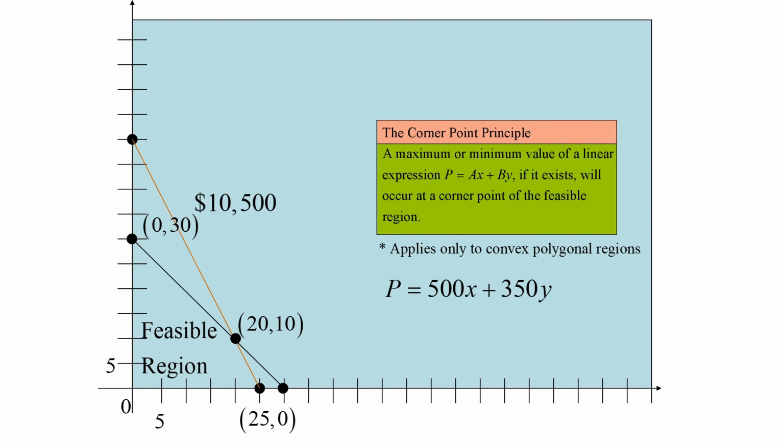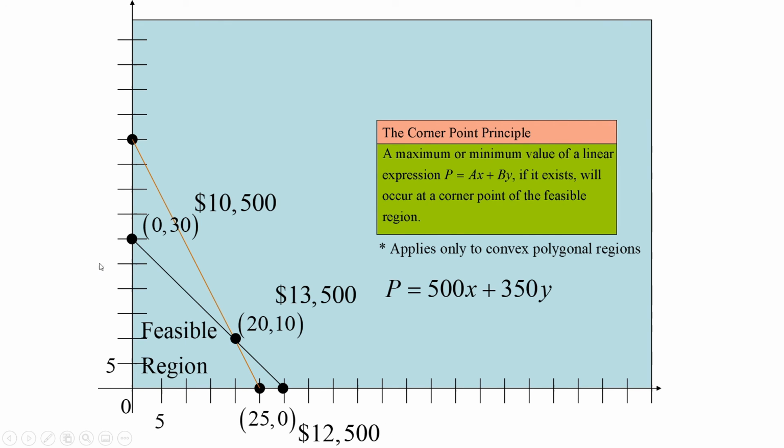Now, how about that middle corner point? Well, I'd go 500 times 20 plus 350 times 10. And I'm getting $13,500. Ooh, I like it. And then the last corner point, the 25, 0, is going to be 25 times 500, and that's going to be $12,500.